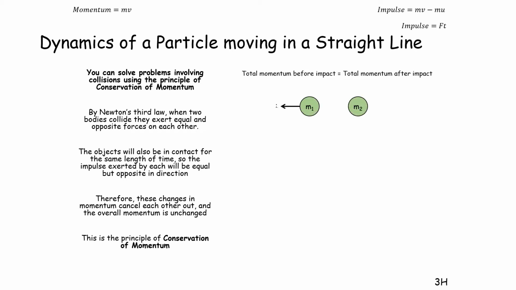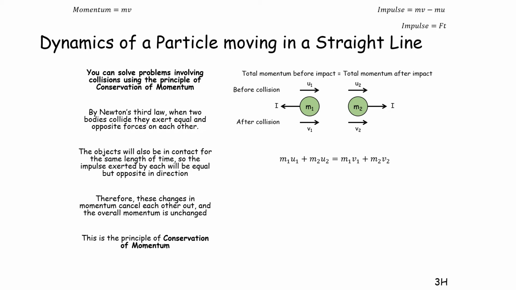So if we have these two blocks or spheres, and we call one m1, the other one m2, before collision and then after collision. It's important for both of them that you write down, or when you draw the diagram, you put the velocity before and the velocity after.